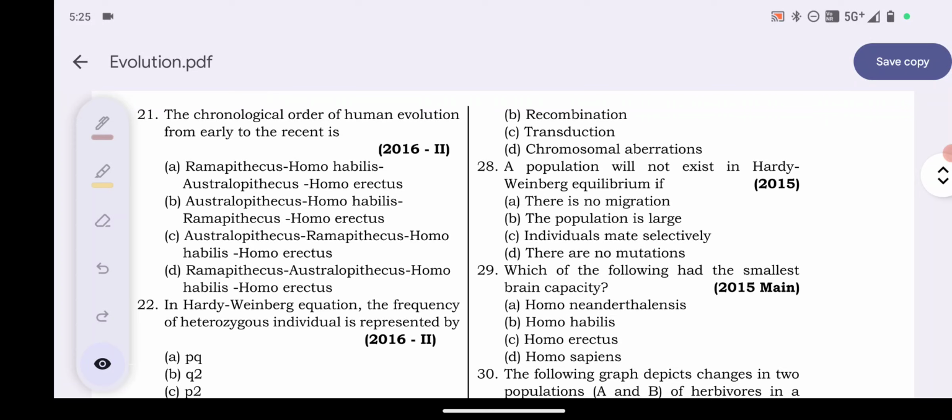And D, Ramapithecus, Australopithecus, Homo habilis, Homo erectus. What will be the answer? Now here the answer will be option D. The chronological order of human evolution from early to recent is first Ramapithecus, then Australopithecus, Homo habilis, and then Homo erectus. Next question number 22.